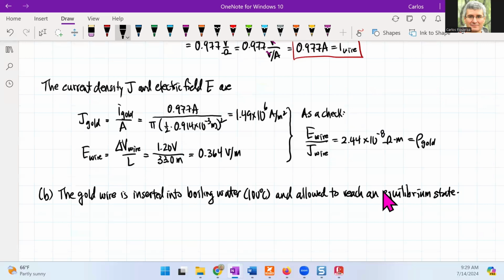What that means is that the voltage and current across this wire now reach their final values. So the question is, what is the resistivity of this gold at 100 degrees C? We would expect it to increase.